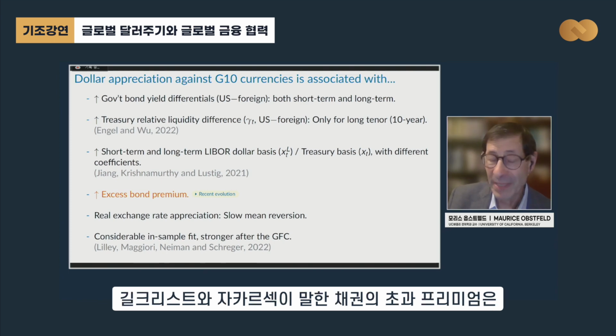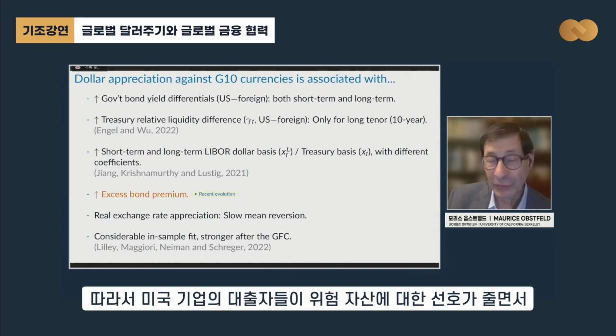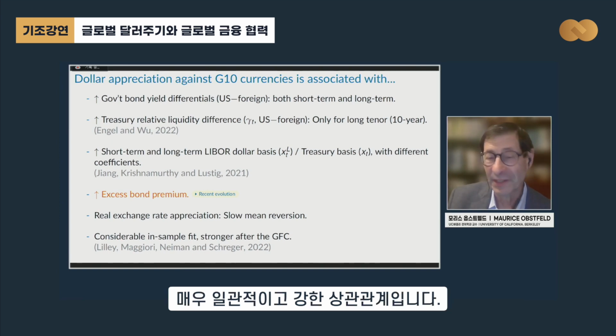Excess bond premium of Gilchrist and Zakrajsek is associated with dollar strength. So when lenders to American corporations become more reluctant to lend, when their risk appetite declines, the dollar tends to strengthen. And this is a very consistent and strong correlation.